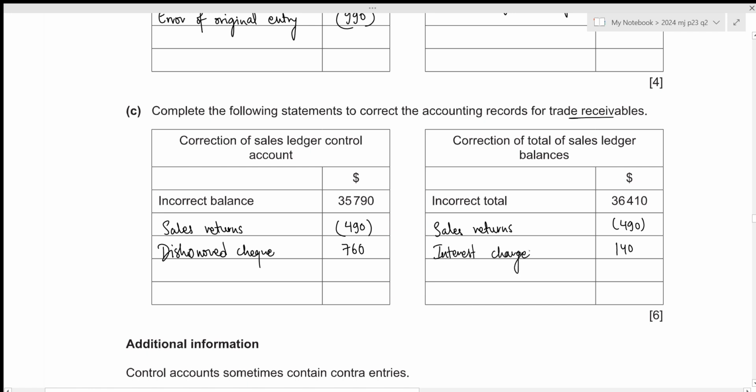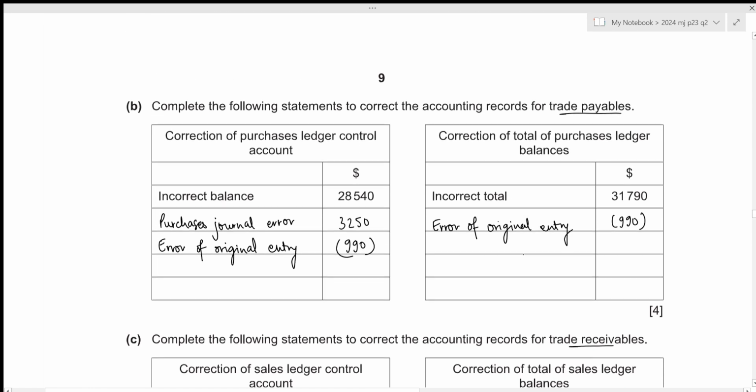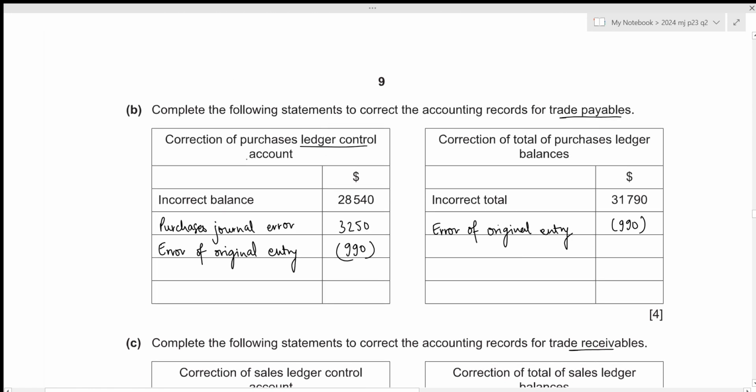So we've completed all of the errors. Now we need to calculate the total. And remember, the total of the purchases ledger control account should be equal to the total of purchases ledger balances. If it is not equal, then we might have made some errors. Let's calculate the total. For the purchase ledger control account, we will now get the corrected balance, which is 28,540 plus 3,250 minus 990, which results in 30,800.